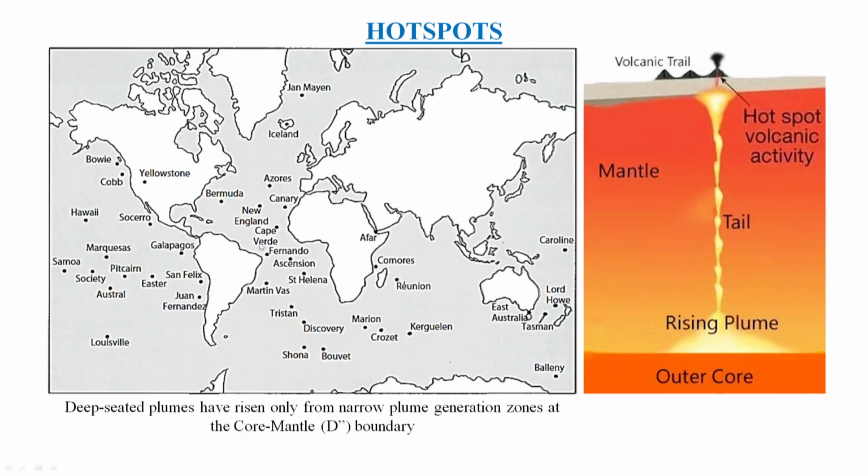There are several locations of hotspots around the earth, which sometimes coincide with the zones of mid-oceanic ridges, but it is not like they are strictly oriented along the mid-oceanic ridges.